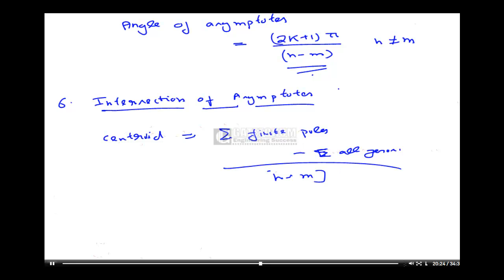upon the number of asymptotes. Okay. Suppose, for example, poles are given by -2, -3, -3 plus 4j, -3 minus 4j, and zeros are given by -1, -4.